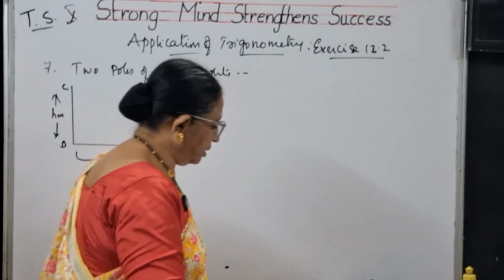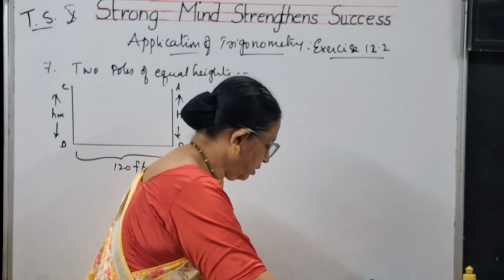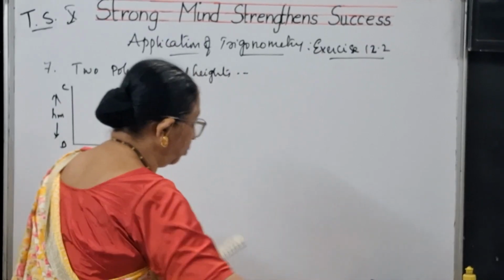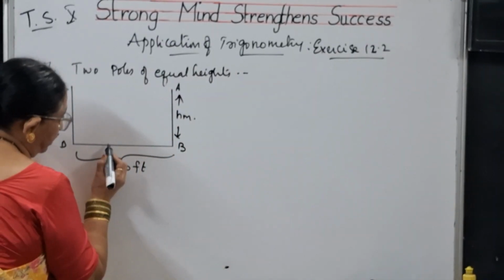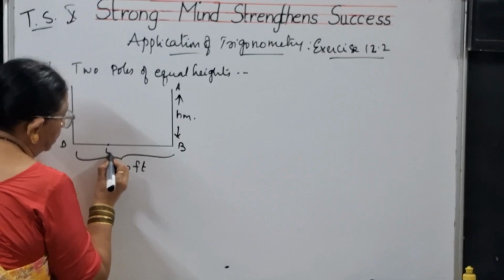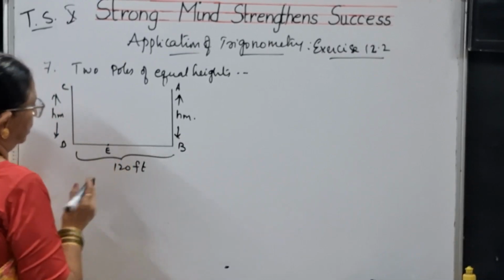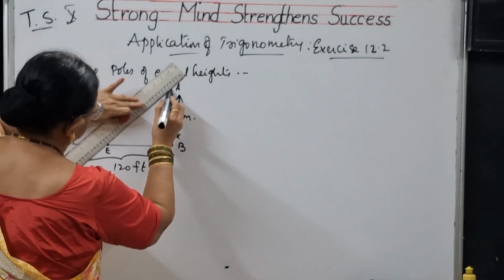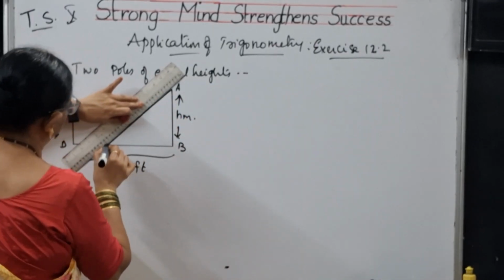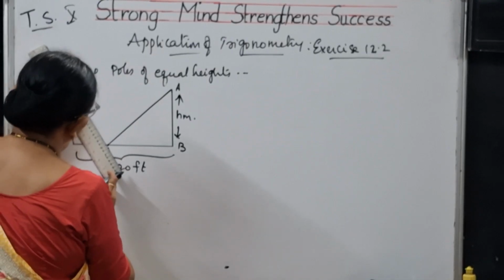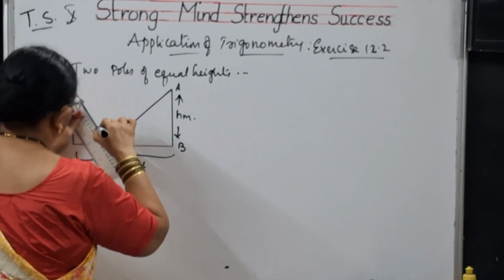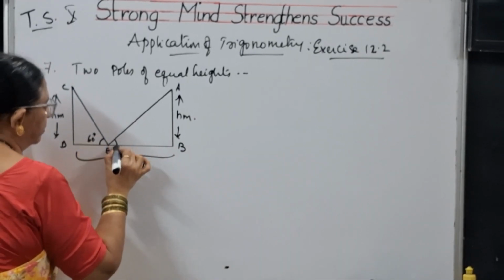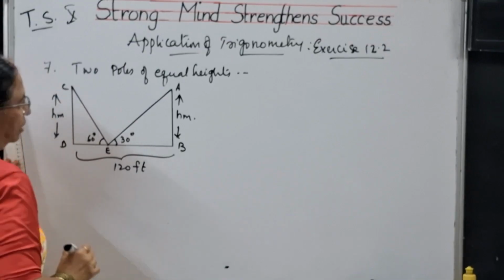What is it that they have given? From a point between them, the angles of elevation of the top are 60 degrees and 30 degrees. So let me take a point E, A, B, C, D, E, so that from this point the angles of elevation of the tops of the two are 60 degrees and 30 degrees.